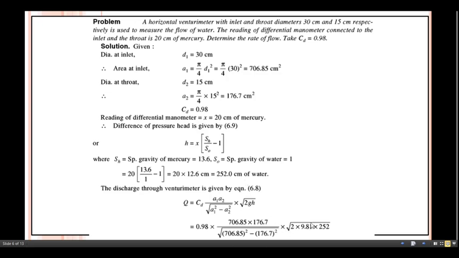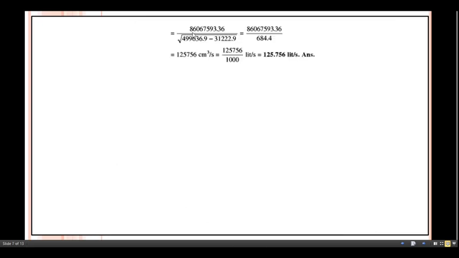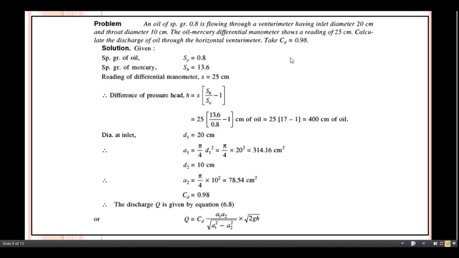Substitute everything, do the calculation. We can get the value for Q equals to 125.756 centimeter cube per second. If you convert into liter, we can get 125.756 liter per second.